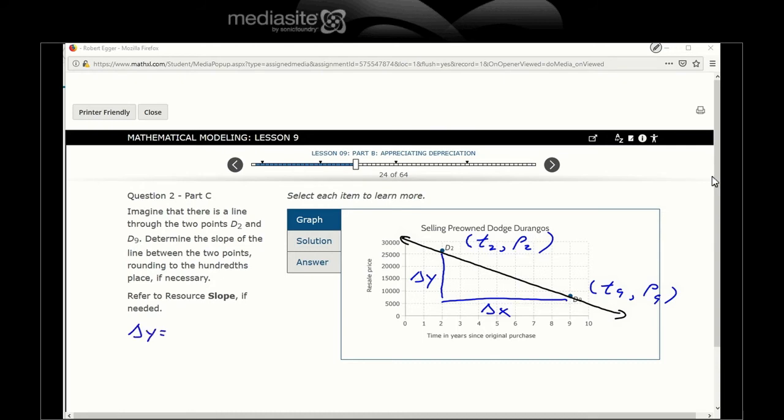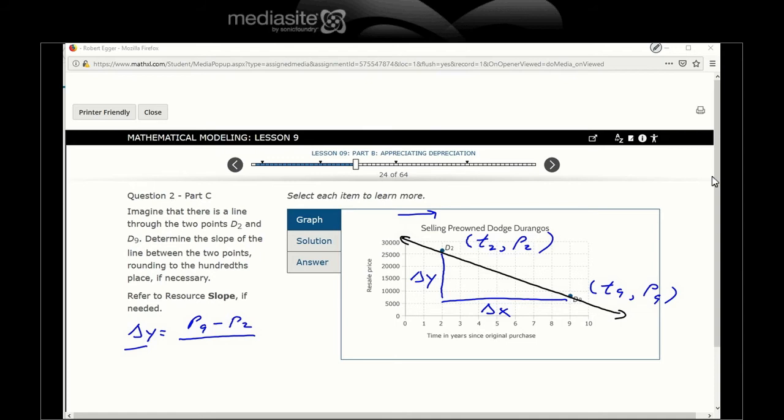Well, we typically go left to right in how we do slope, so I take the rightmost value, p9 minus p2.